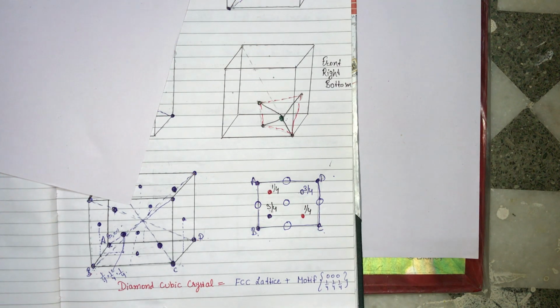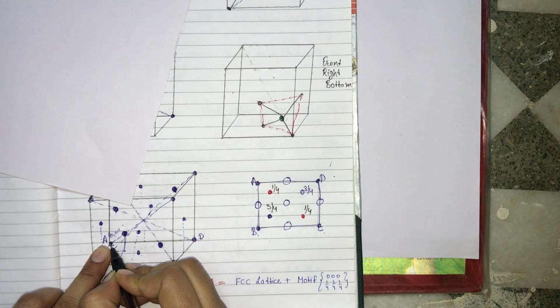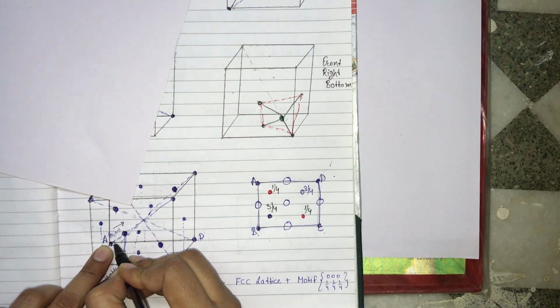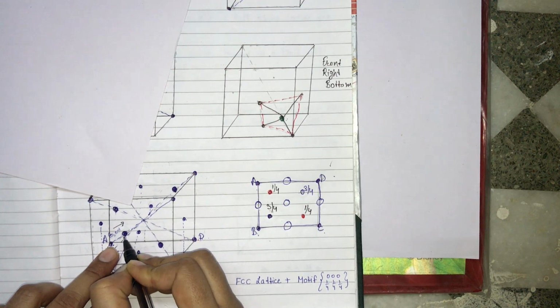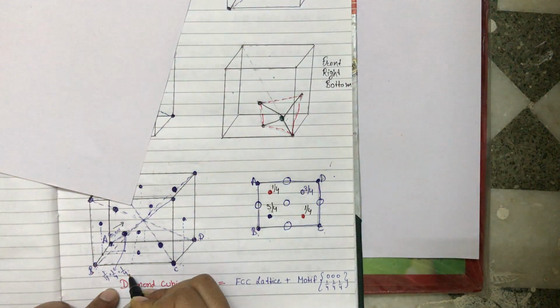Now, if I join these carbon atoms, if we choose this as an origin, then if we move in this direction, along the body diagonal, then we locate a carbon atom at 1/4, 1/4, and 1/4. Clear?